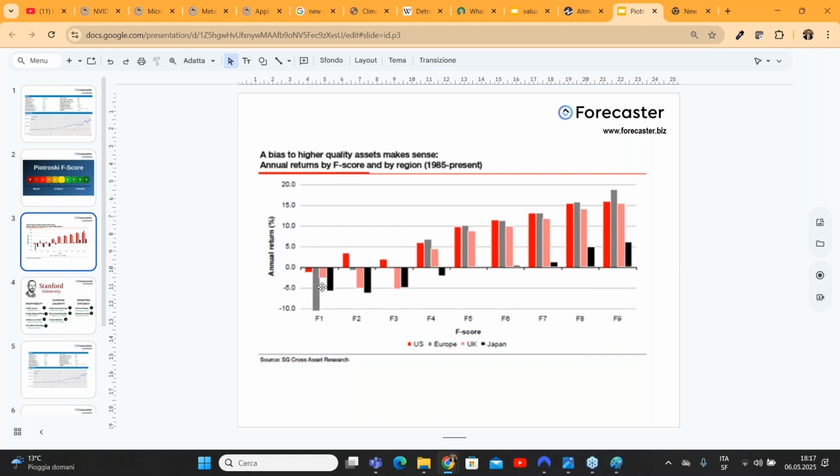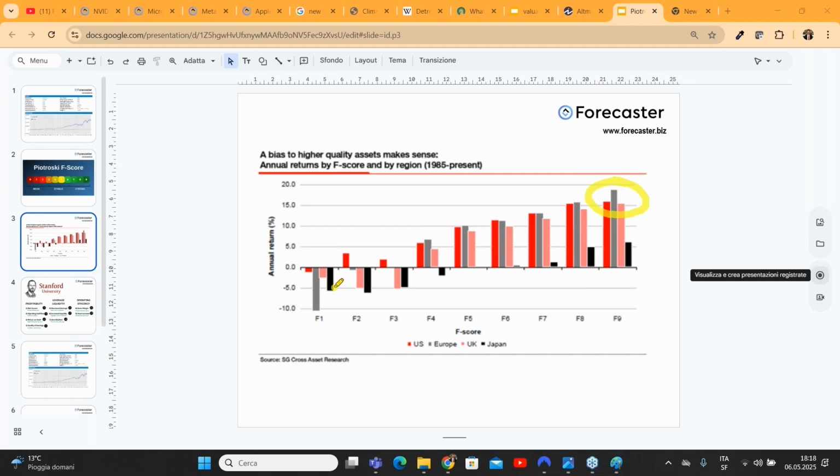Companies with a Piotroski F-score of 1, 2, 3, 4, 5, 6, 7, 8, 9. And they realized that if you buy only companies with a Piotroski score of 9, you overperform the average of the market.